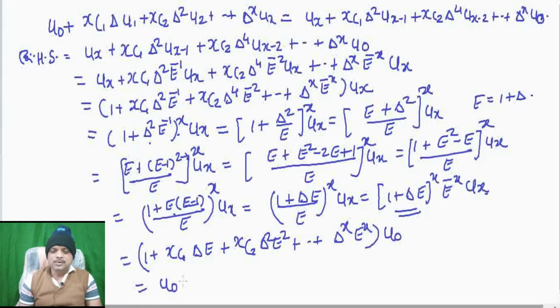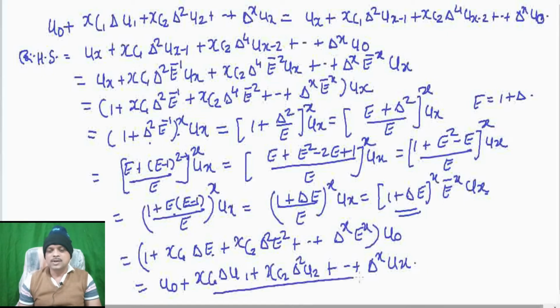So u0 plus xc1 delta into e into u0, that is u1, plus xc2 delta square into e square u0, that is u2, plus delta raised to x into ux. So we get the required result.